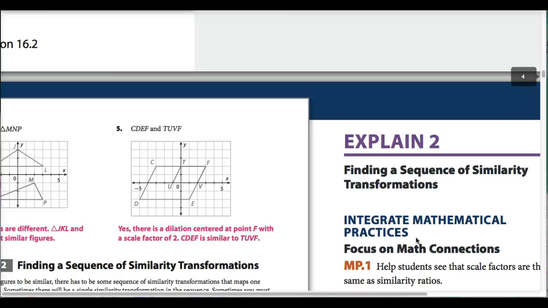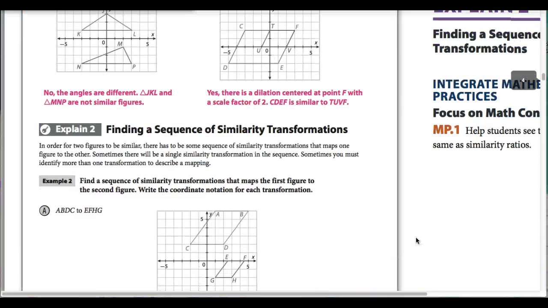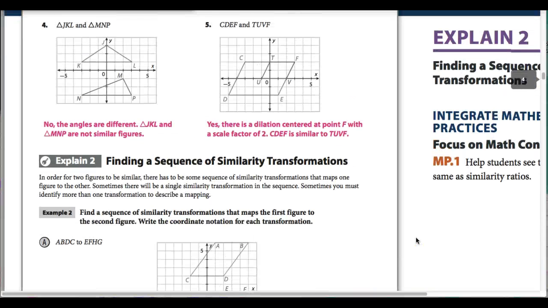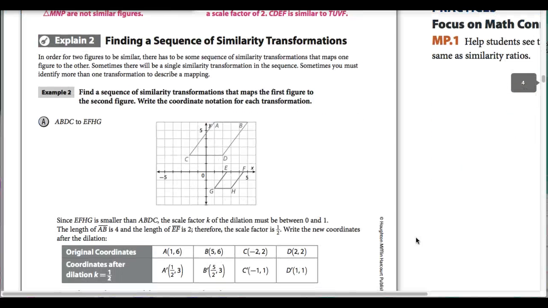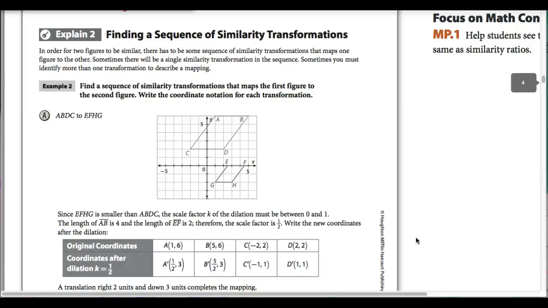So I'm going to keep moving on because a lot of the things that we are learning here, you really can't do it online. You have to actually do it with me in the classroom, unfortunately. And let's just go ahead and take a look at this question over here. Okay. In order for two figures to be similar, there has to be some sequence of similarity transformations that maps one figure to another.